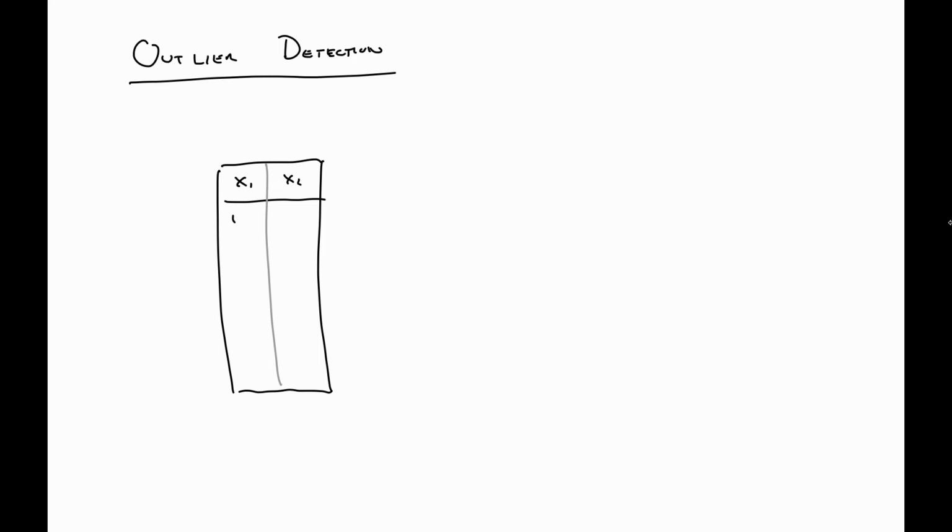So let's say that here we have numbers that look like this, yada yada yada, and let's say x2 looks more like this. Those are 5s in case you can't read my handwriting. Okay, so here's some data.